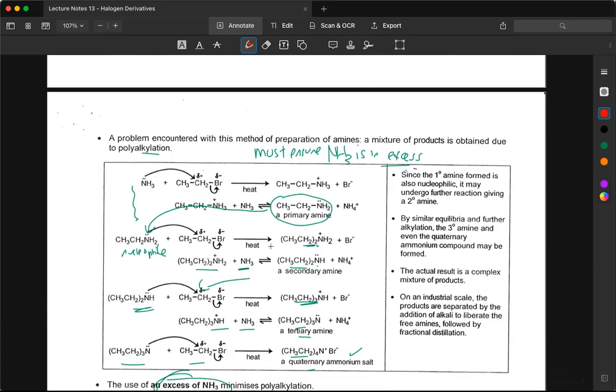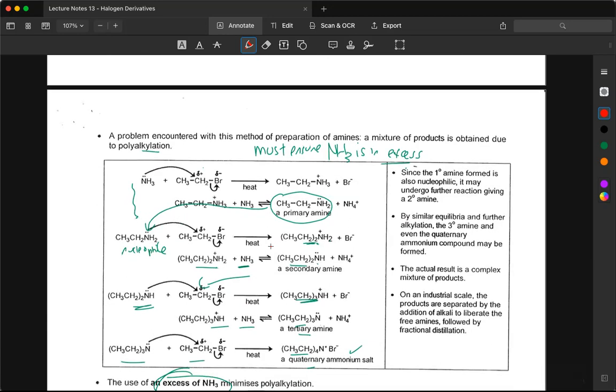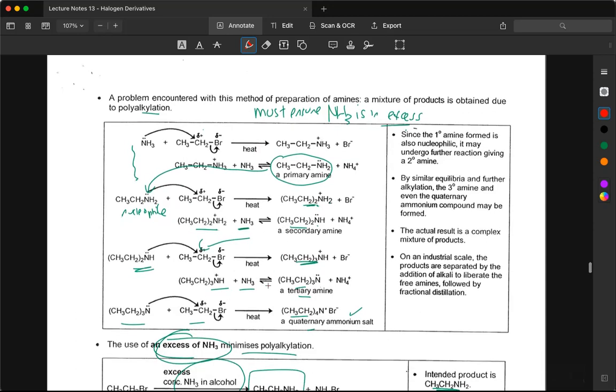However, we need to understand that there could be a problem encountered with this method of preparation of amine, as a mixture of products is obtained due to polyalkylation. Once we form the primary amine, it can undergo further reaction, and go on and on again.